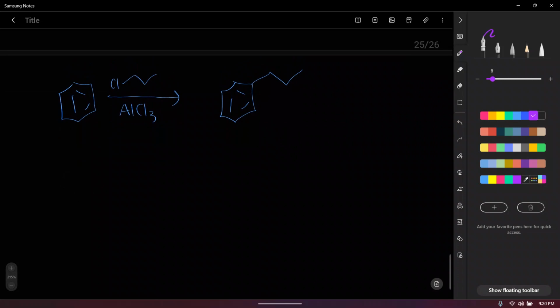So the first step of the mechanism is I form my hot electrophile, right? So the lone pair goes and attacks the Lewis acid. Okay. That gets me to here, okay? Now what happens here is that this actually breaks off because chlorine does not want to be positively charged, okay? So this will break off. And when it does, then I generate this thing.